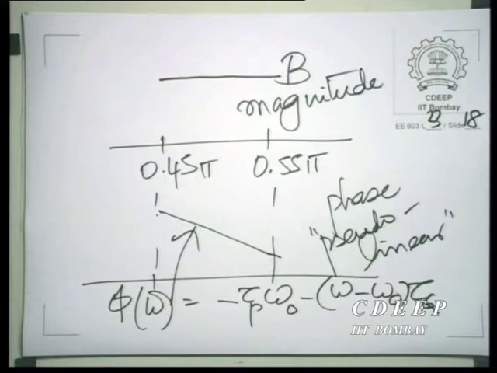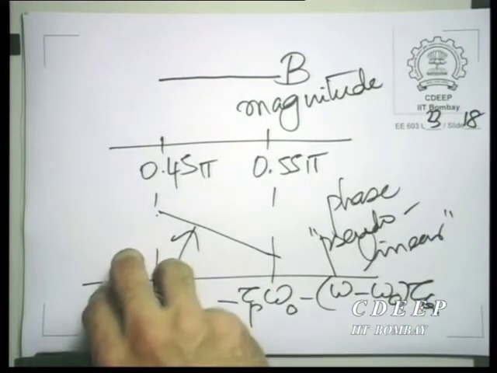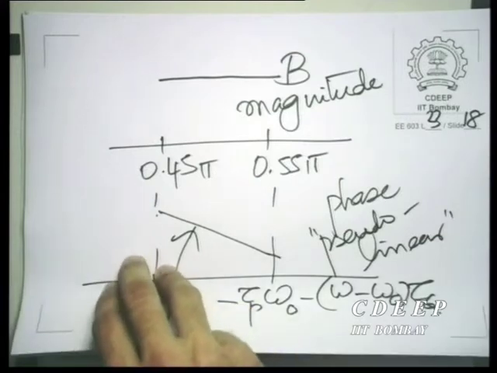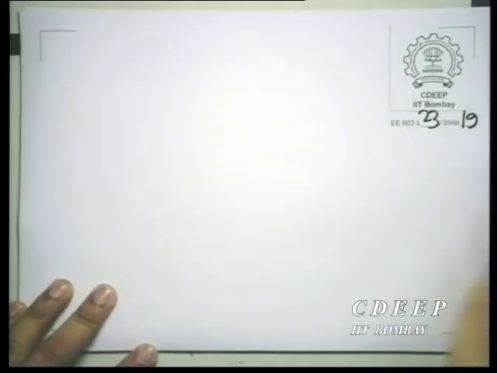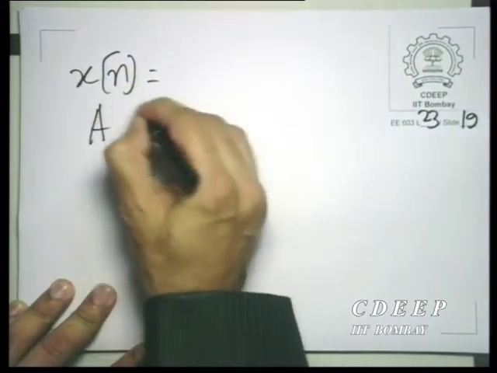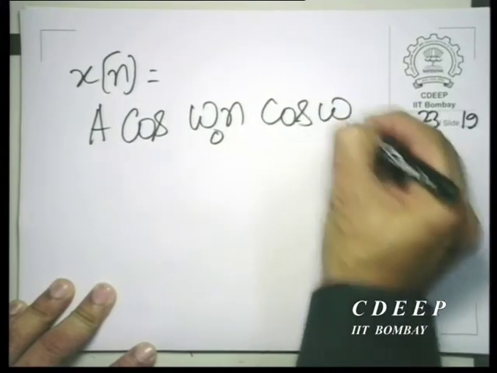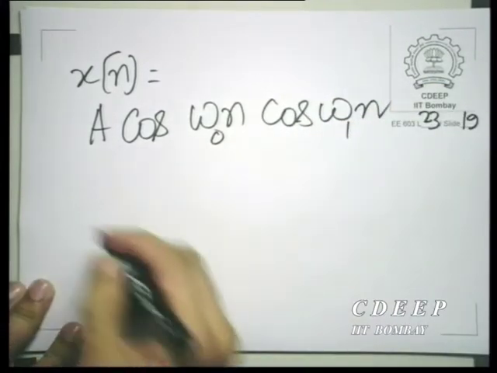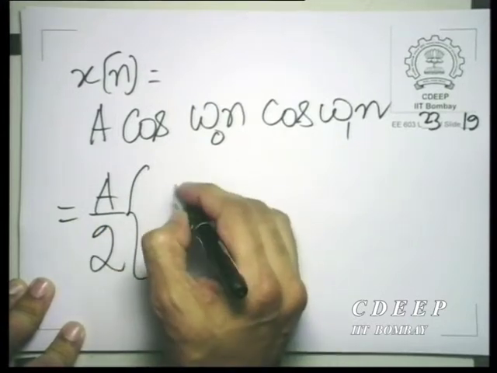Now, you were told to consider a combination of two sinusoids. In fact, the input given was of this nature. A product of sinusoids is always expressible as a sum of two sinusoids.